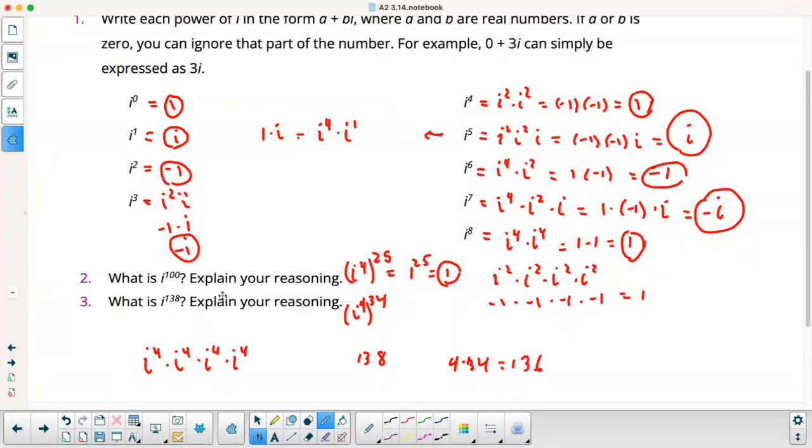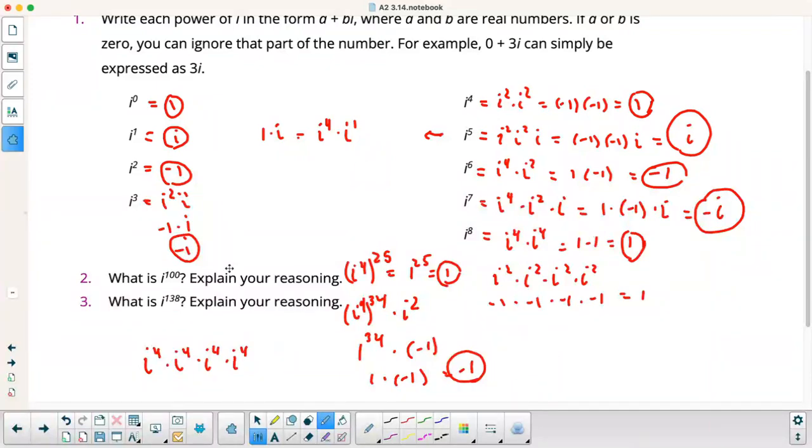So remember, I have i to the 138, so I need 2 more. So I'm going to say times i squared. Okay. So this is 1 to the 34th. This is -1. So this is 1 times -1. I get -1. Okay, so the key on any power of i is basically divide it by 4 and write the remainder as a power of i.